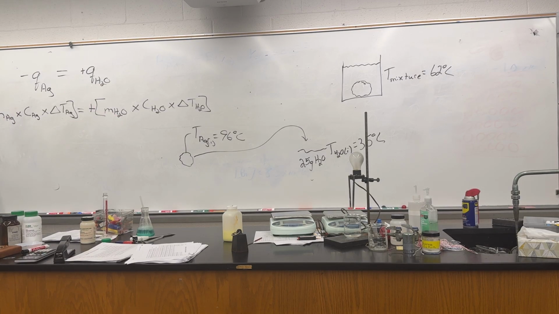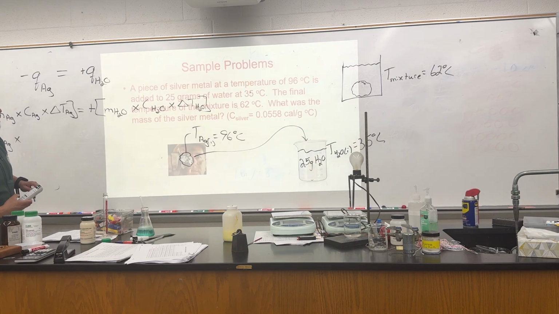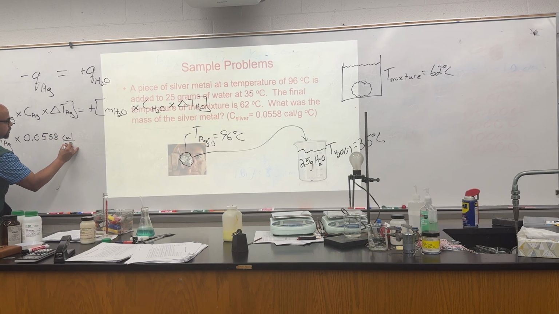Because if I look at it, what do I know? I'm trying to find the mass of the silver, so I'll leave that as a variable. The specific heat capacity of the silver, well, it gave it to us in the problem. It says it's 0.0558 cal per gram degrees Celsius.